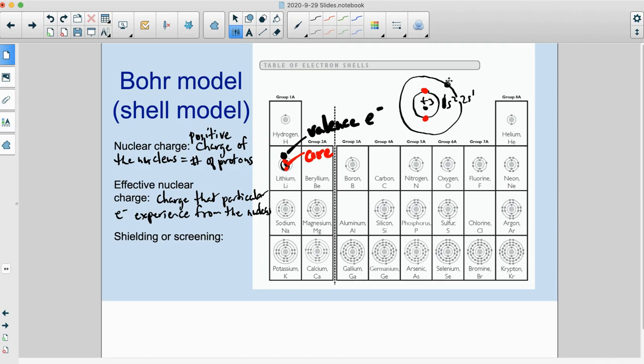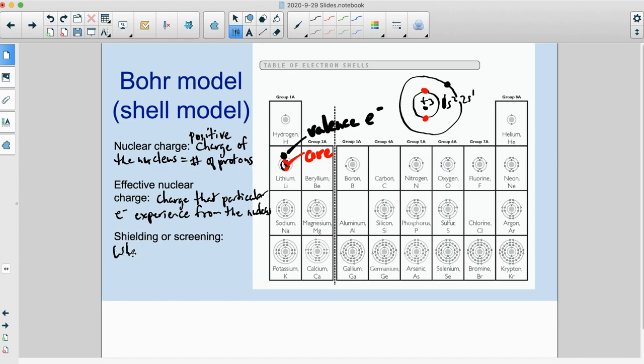However, if we look at this valence electron, it cannot feel the full force of the nucleus because there are these 2 core electrons that are shielding or screening the positive charge of the nucleus. That is the shielding or screening effect.